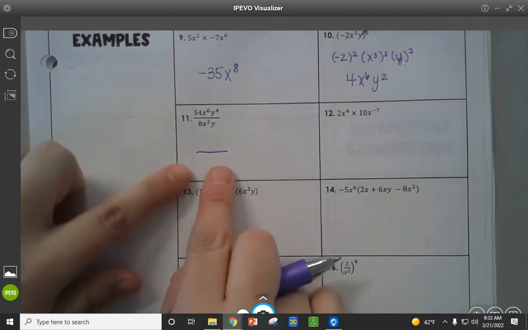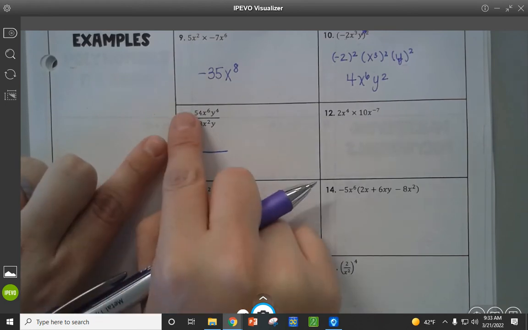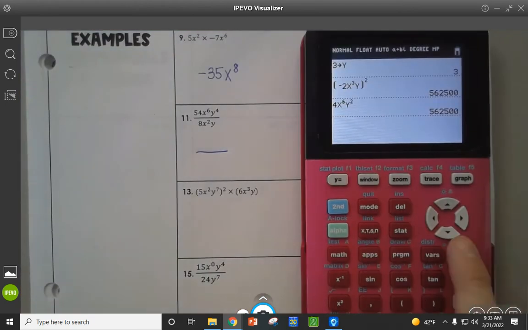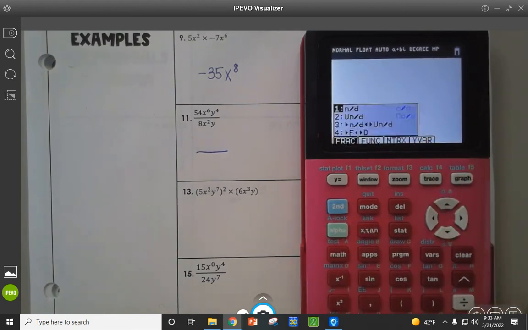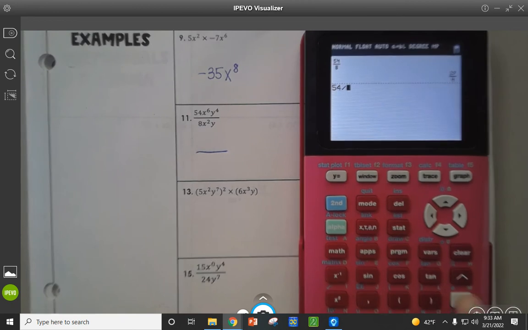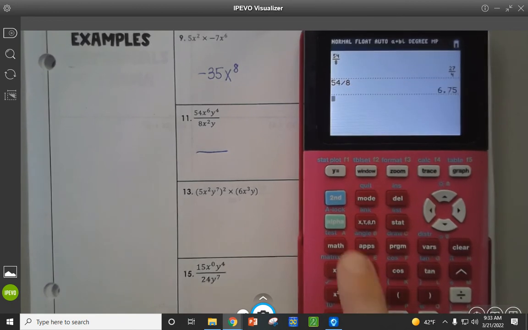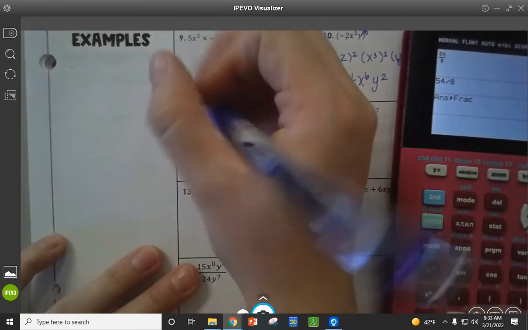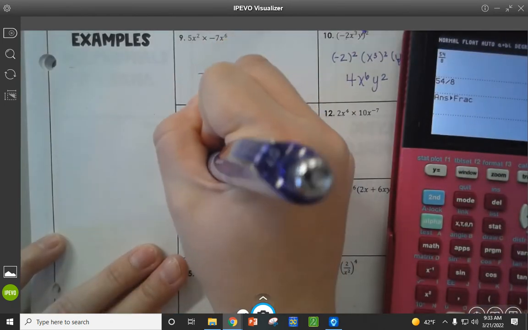But sometimes you will, so it's good to go ahead and have it. So 54 divided by 8. You're not going to get a whole number. So if I just type in 54 over 8 as a fraction, it'll simplify it for me. Or you could have done 54 divided by 8 and then converted that to a fraction. Whatever. But it simplifies to 27 over 4.